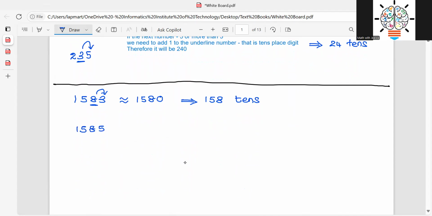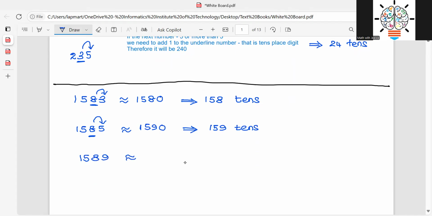Let's say that you have now 1585. We underline the tens place. Look at the next number. If the next number is 5 or more than 5, we need to add 1. To where do we need to add 1? To the underlying number. So that means 1590. So now what will be the answer, children? 159 tens. Okay. Then we have 1589.